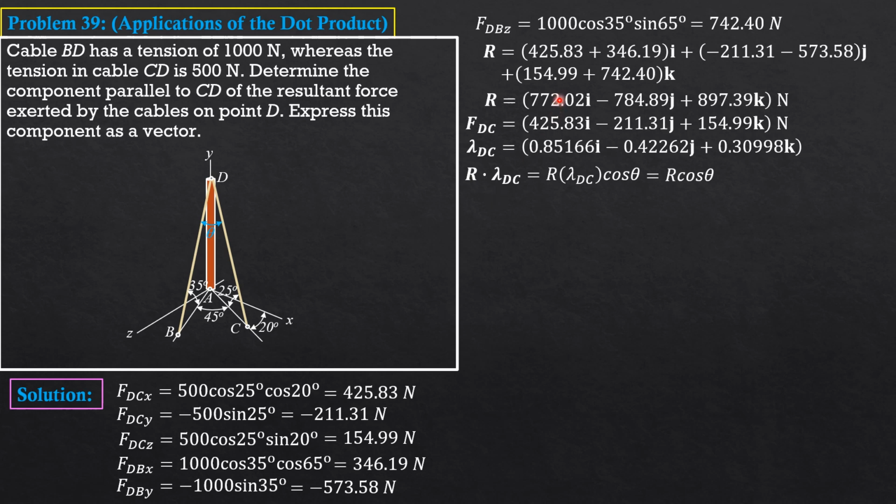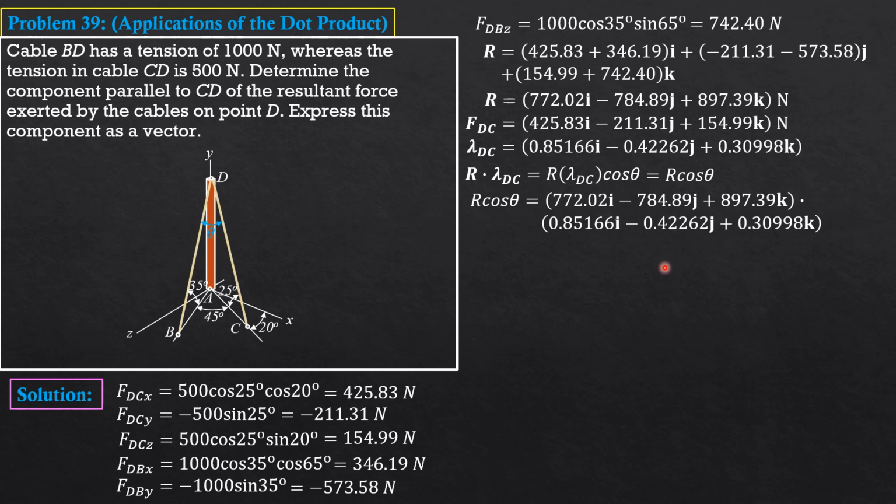Since the dot product is the sum of products of corresponding components, R cosine theta is 772.02 times 0.85166, then plus negative 784.89 times negative 0.42262, then plus 897.39 times 0.30998. So the magnitude is 1267.38.